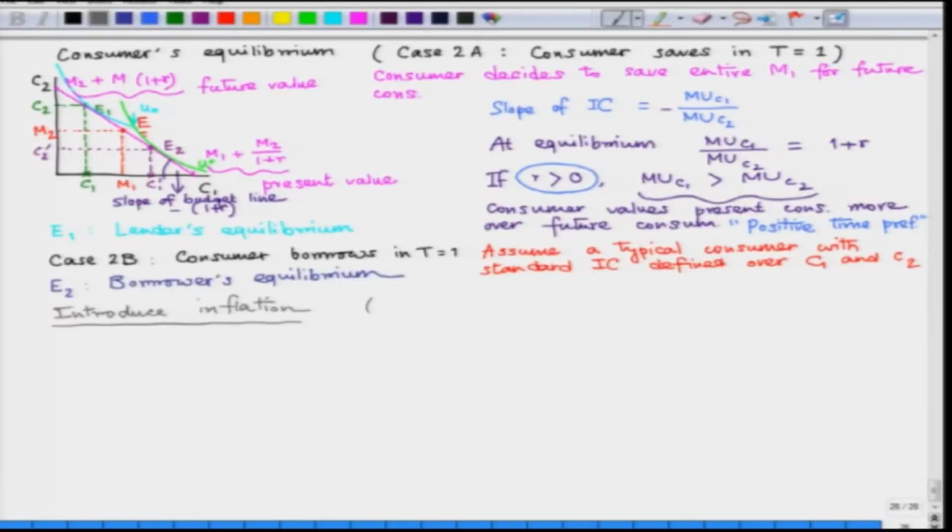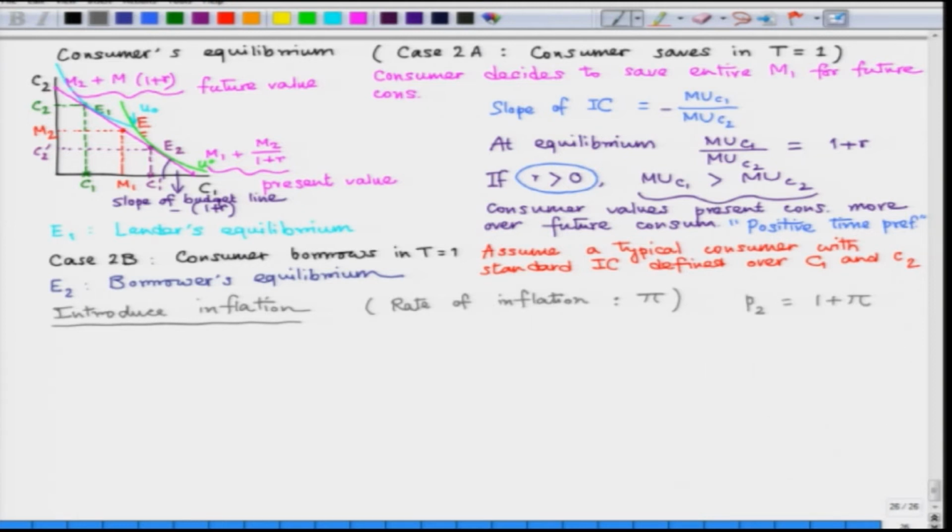Let me assume the rate of inflation is given by this symbol pi. So, if there is inflation, P2 will become 1 plus pi. Remember, last time we assumed the value of P2 equals 1.